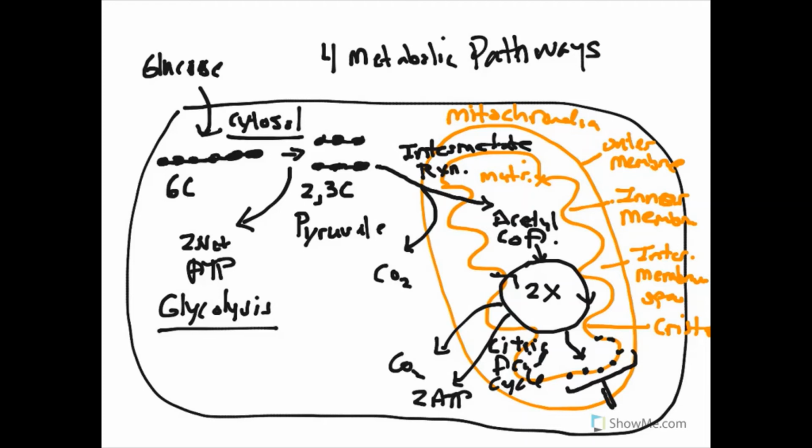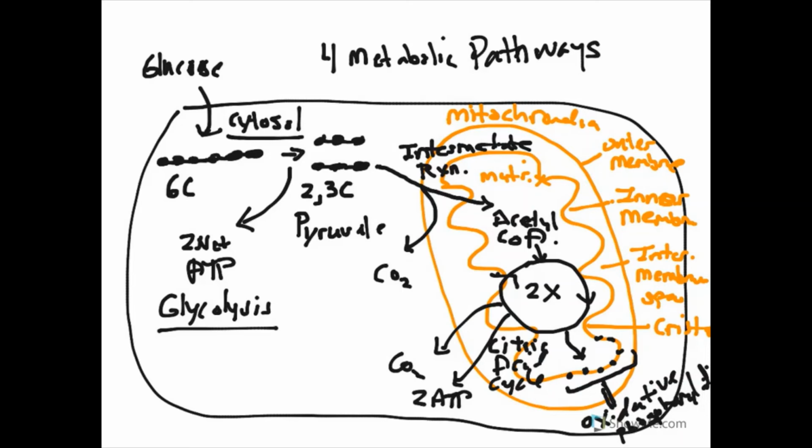And this is a process, and we'll talk more about it in detail later, called oxidative phosphorylation. It's very hard to write that in the space that I have, oxidative phosphorylation.